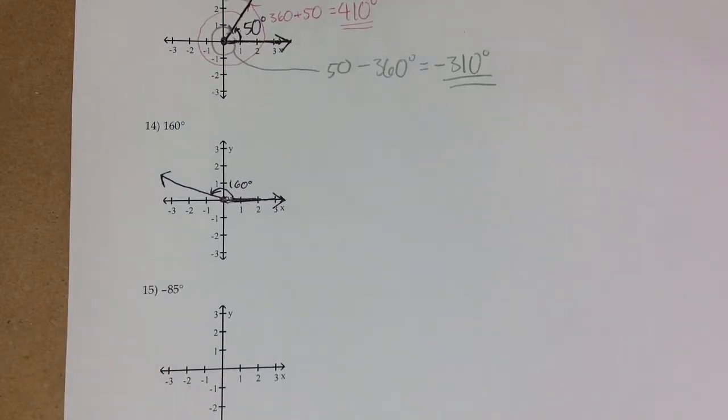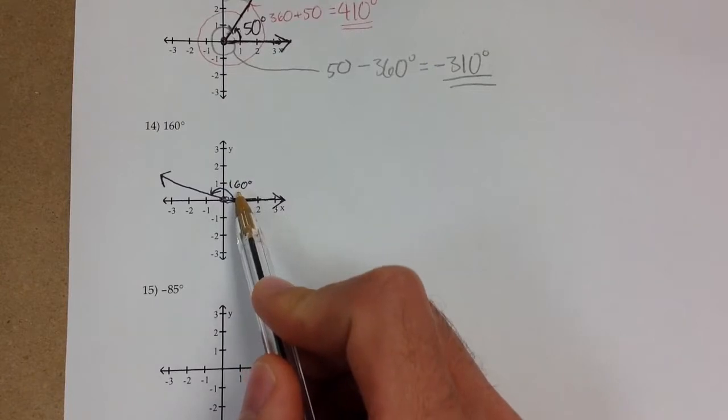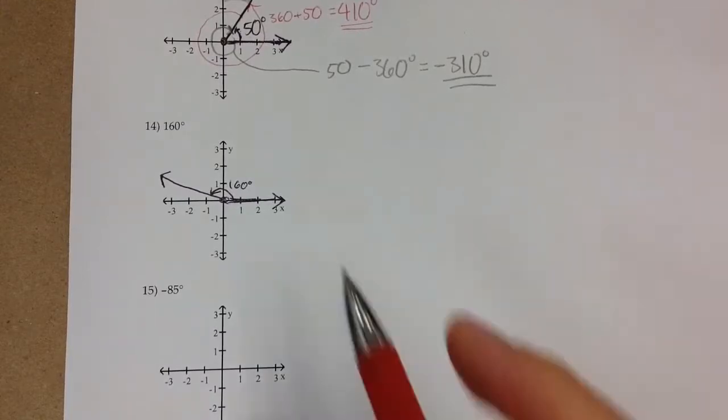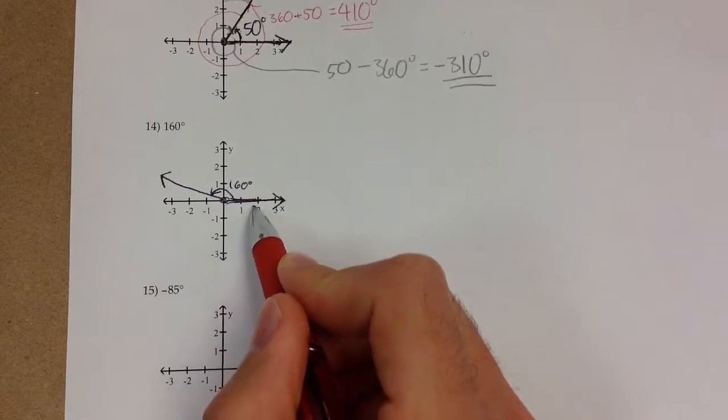Sue, could you tell me how I can find a positive coterminal angle with 160? Okay, this is why I do this. So it's just going to involve adding or subtracting 360 degrees, because you're just making another rotation.